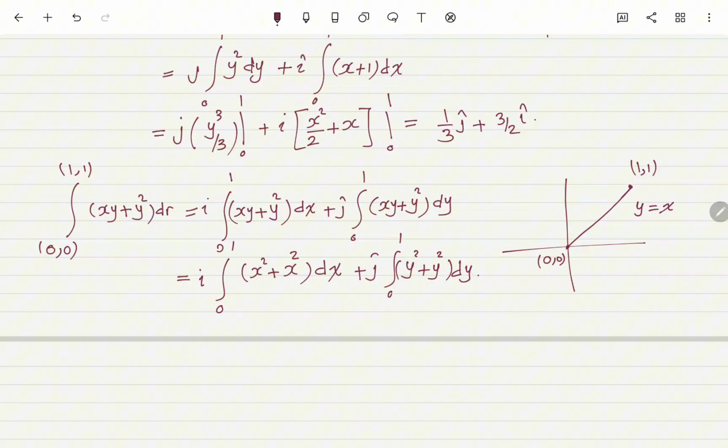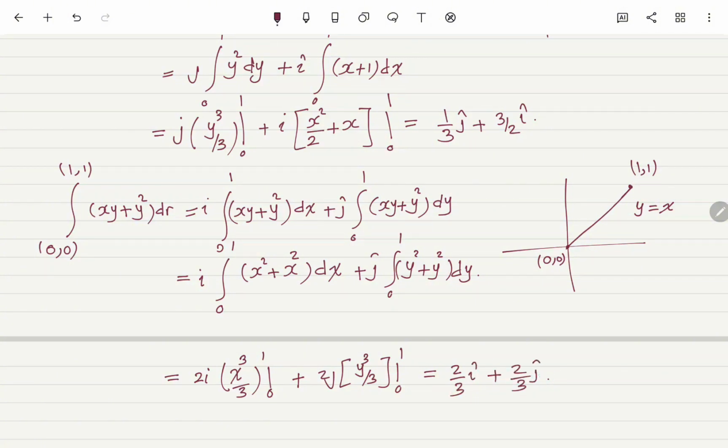Now simplifying this integral, you will get 2i x to the power 3 over 3 from 0 to 1, plus 2j y cubed over 3 from 0 to 1. This equals 2 over 3 i plus 2 over 3 j.